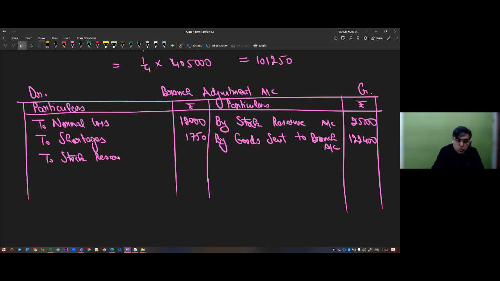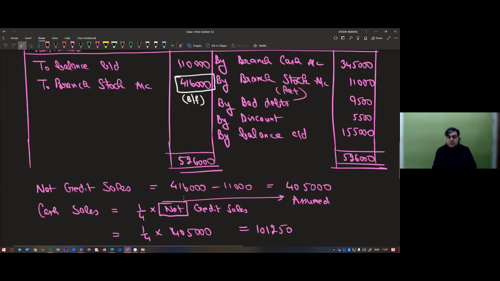To stock reserve account, the stock reserve will be 30,000.